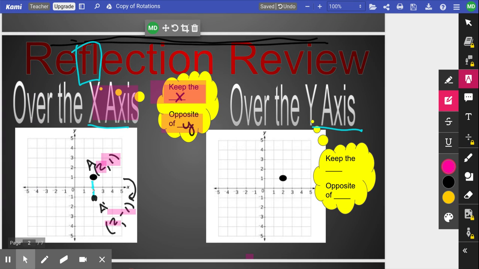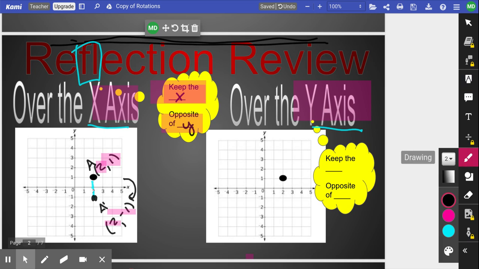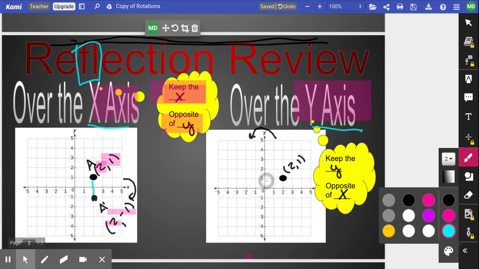The opposite is true if I want to go over the y-axis. Instead of keeping the x, I'm going to keep the y because I'm going over the y-axis. That means I'm going to do the opposite of x. Now, I don't have to use this rule. I know if it's going over the y-axis, I can just fold it over. So if my ordered pair is 2, 1, and I'm 2 units away from the y-axis, I've got to go 2 units away this way.